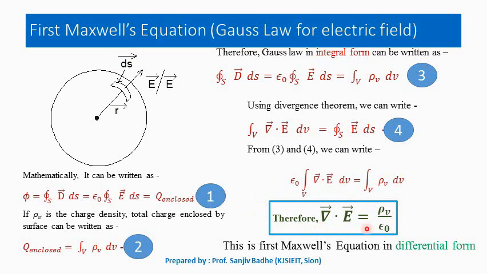So this is the first Maxwell equation written in differential form. It states that divergence of E bar equal to rho v by epsilon naught. Rho v is the charge density, charge per unit volume, and epsilon naught is permittivity of free space.